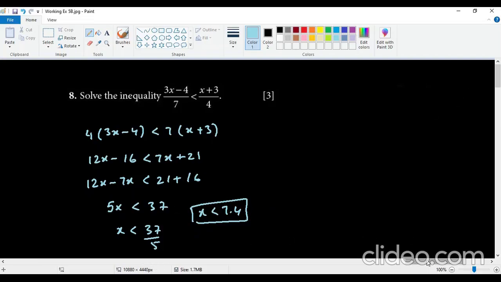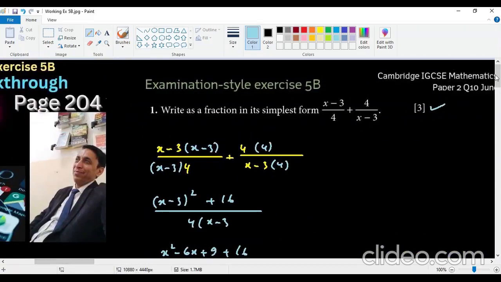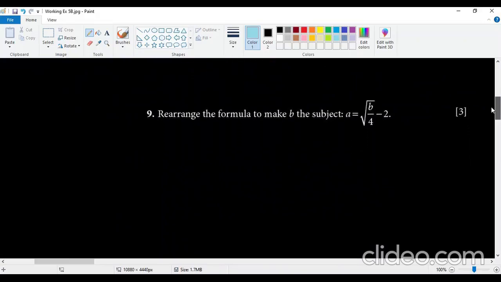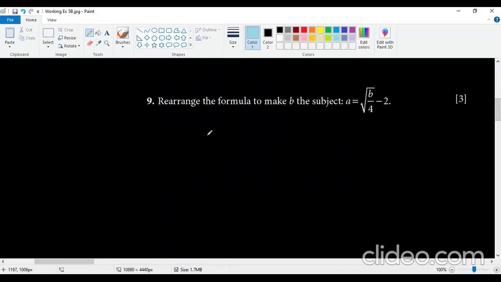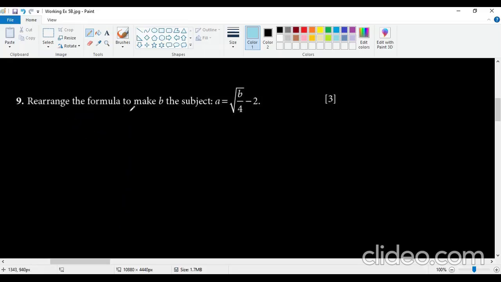And moving on to question number 9. Now, subject to the formula, as we have done in the previous exercises. Now, rearrange the formula to make b the subject. Okay, fine. So in here, a plus 2 is going to be under root b over 4.